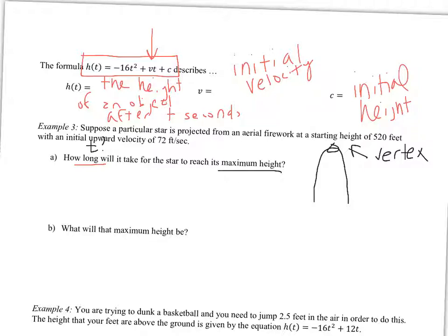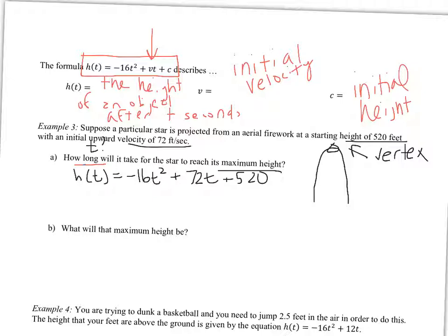I know that h of t equals negative 16t squared plus v times t, with the upward velocity of 72, plus the initial height, which is 520.